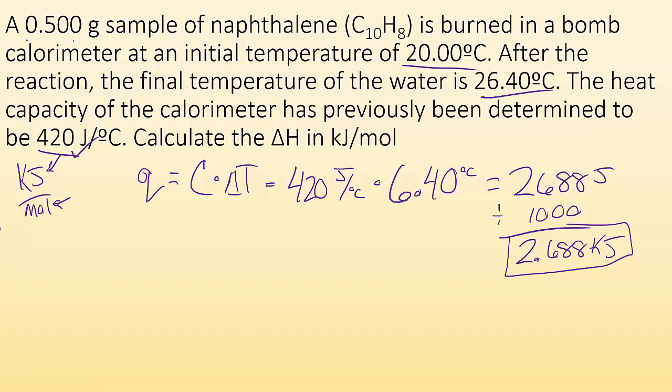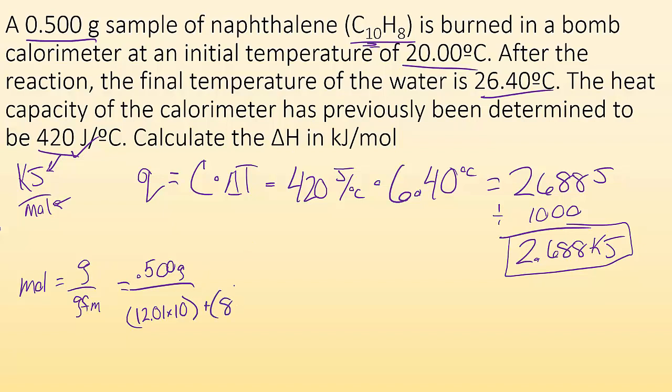Well, they tell me I had a 0.500 gram sample, and they tell me what the formula was. So to get moles, I'm going to have to do that whole grams divided by the GFM thing. So I have 0.500 grams divided by the GFM, which is going to be the mass of carbon, which is 12.01 times 10 because there are 10 carbons, plus 8 because I have 8 hydrogens, times the mass of one hydrogen, which is 1.01, and I add all those together on the bottom.